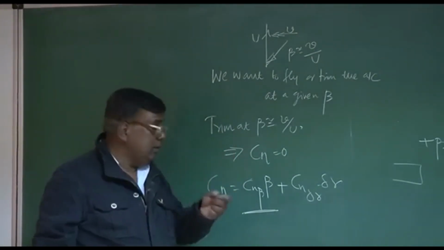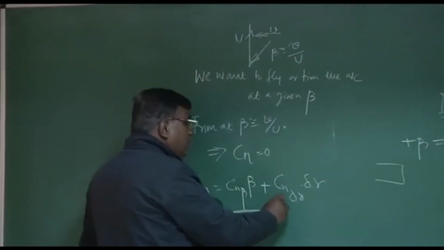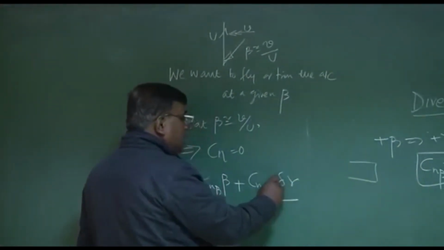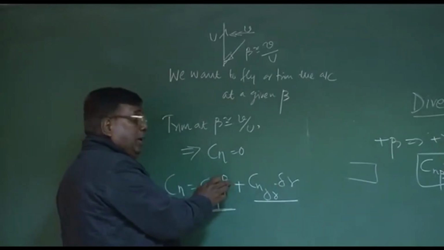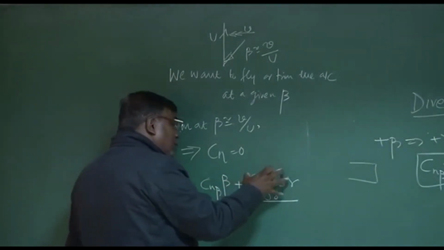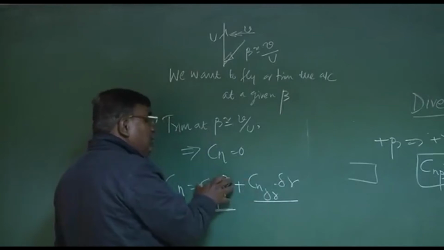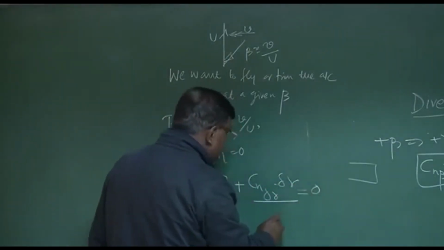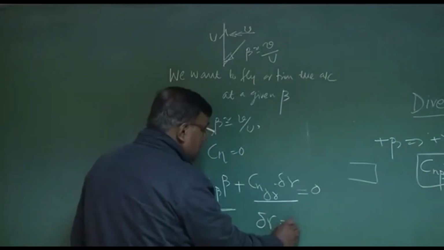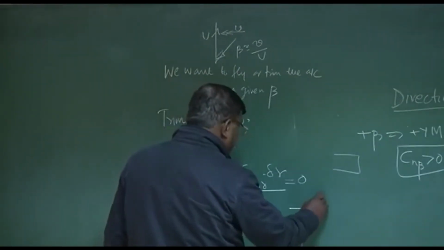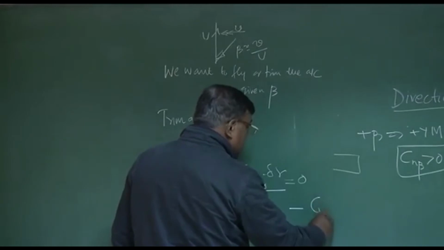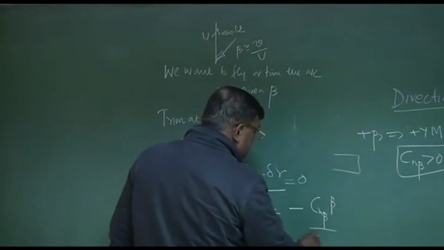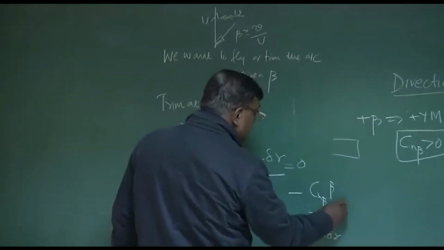I have to hold it. So what I will do, I will give it a moment Cn delta R into delta R such that this is nullified. That means the moment given by this delta R and the moment because of stability, that sum should be equal to 0. So I can find out delta R is equal to minus Cn beta into beta by Cn delta R.